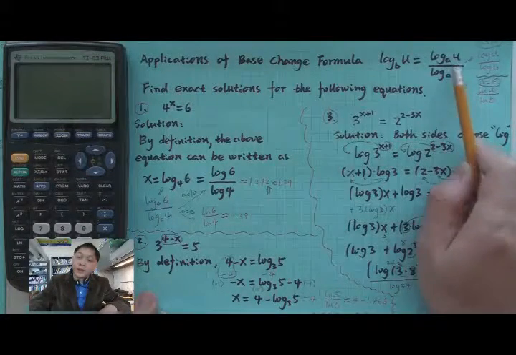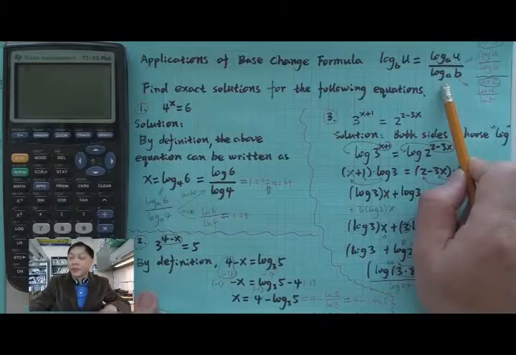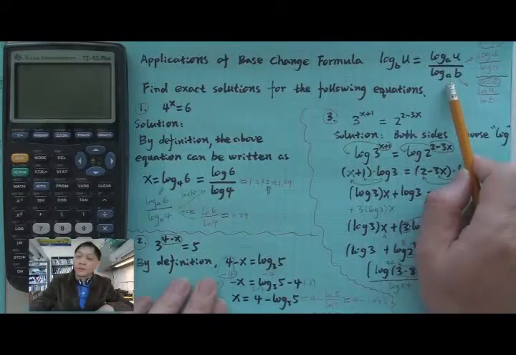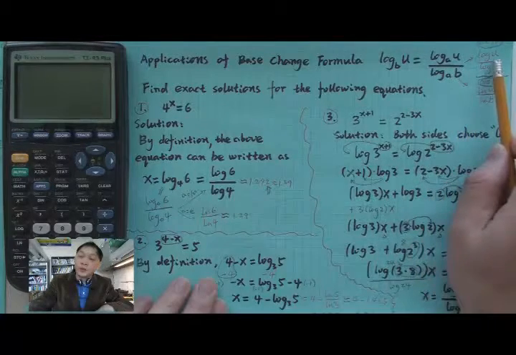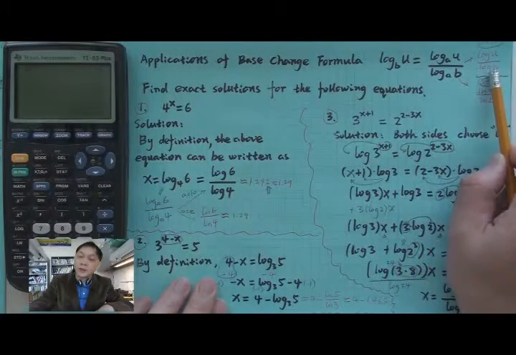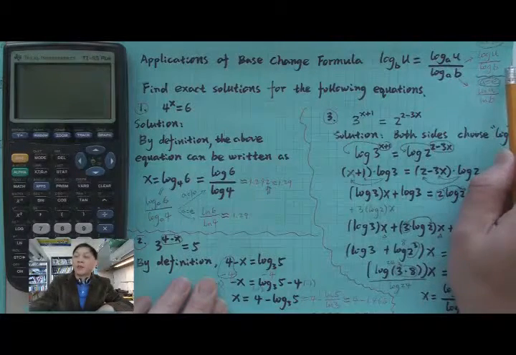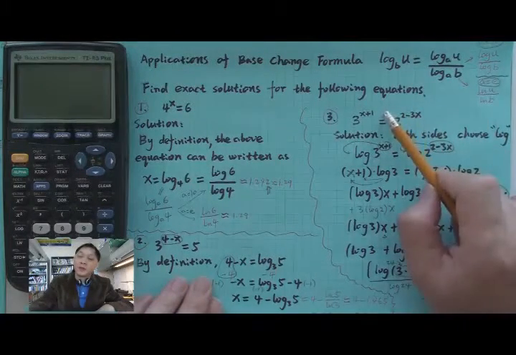Here a are the same. Okay, so a can be 10. If a is 10, you don't need to write 10 as a base. That will be log u divided by log b.